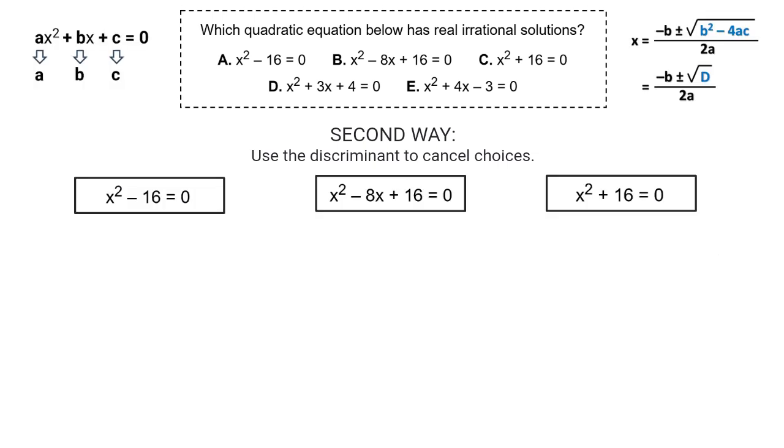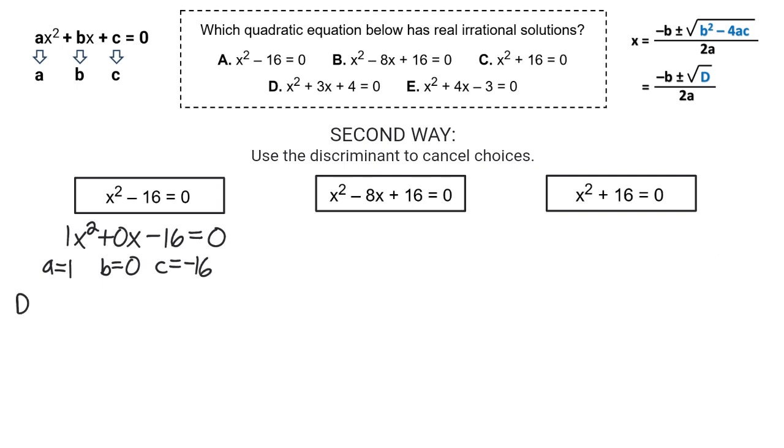Let's go ahead and get the discriminant for these equations. So with the first one, we're going to have 1x squared plus 0x minus 16 equals 0. Since there's no x term, we placehold it with a 0. And so a is going to equal 1, b is going to equal 0, c is going to equal negative 16.